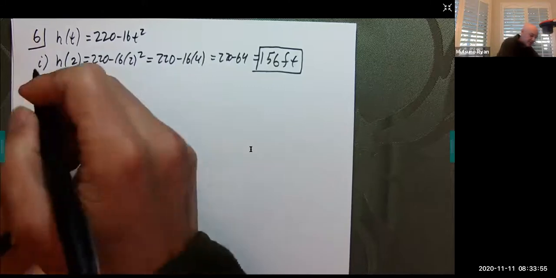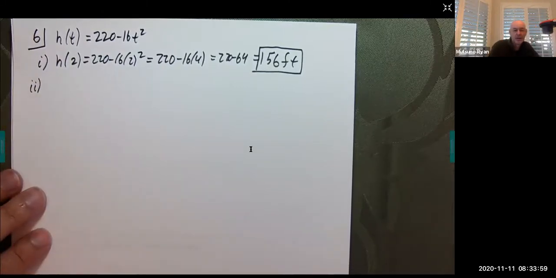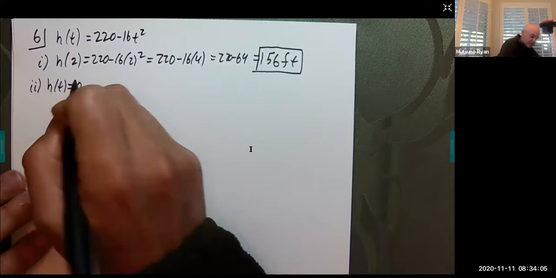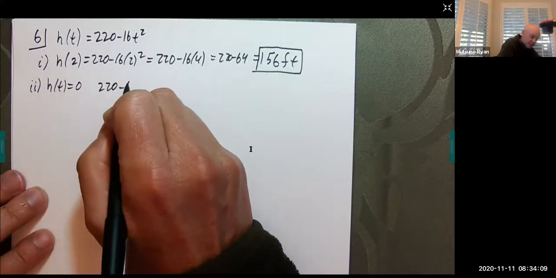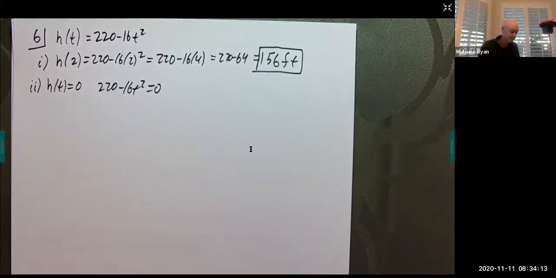Part 2 says, how long until it hits the ground? Meaning when h of t equals 0. Well, that's easy. 220 minus 16t squared equals 0. Solve for t.